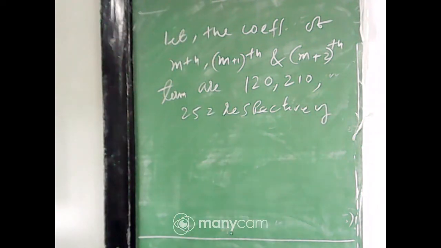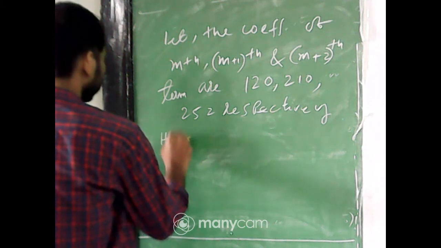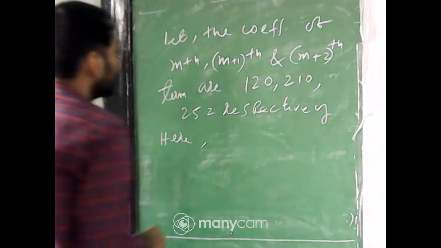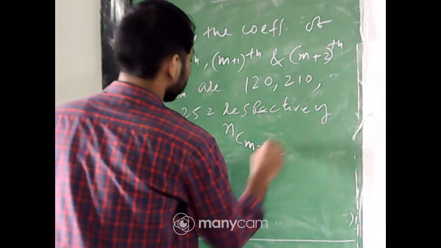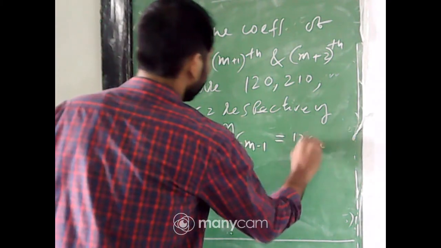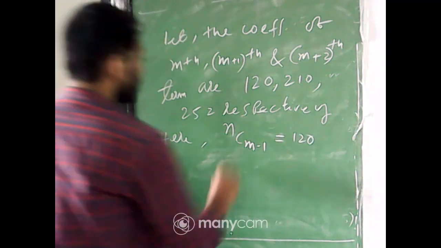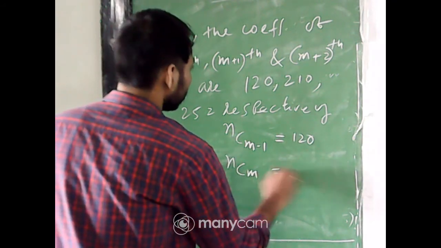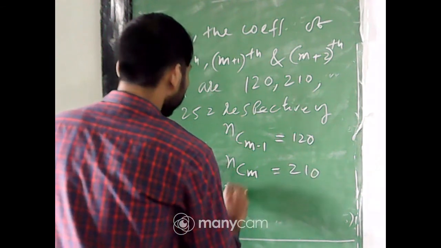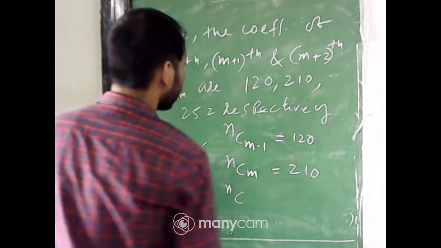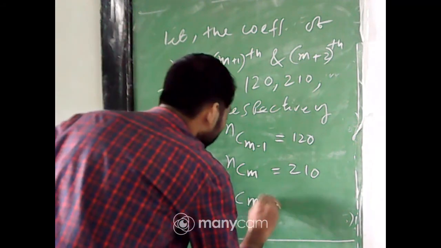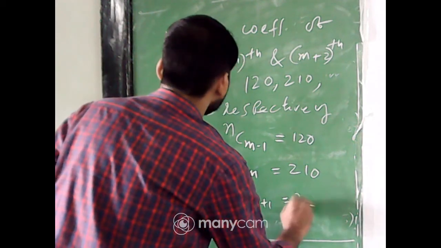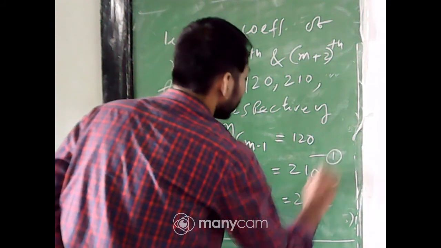Okay, that means here the coefficient of mth term, that is nCm minus 1, that will be 120. The coefficient of m plus 1th term, that is nCm, that is 210, and the coefficient of m plus 2th term, that is nCm plus 1, that is 252. So we got here three equations.